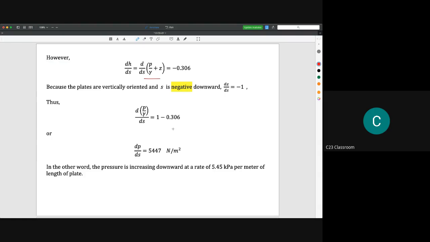Then we have all of these, so dp/ds is equal to 5,447 Newton per meter squared. The simplification is 5.45 kilopascal per meter of length of plate.